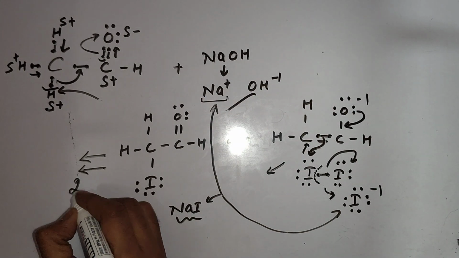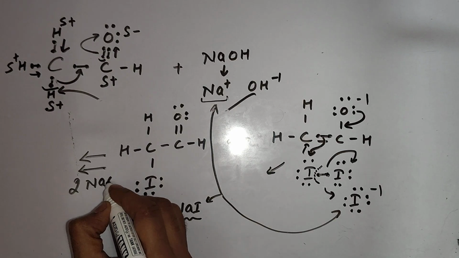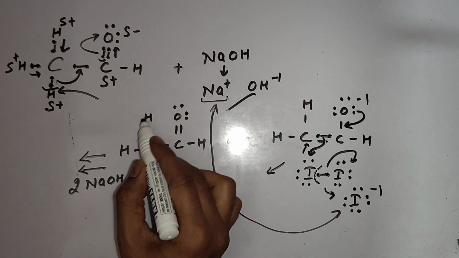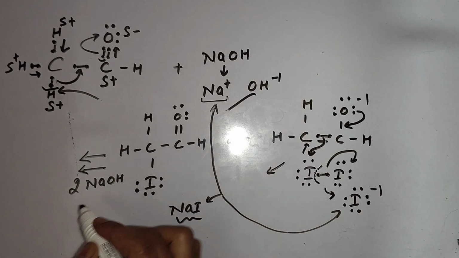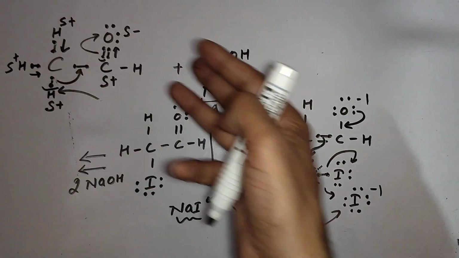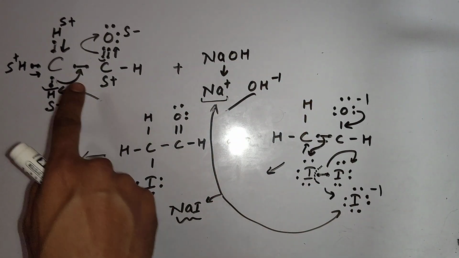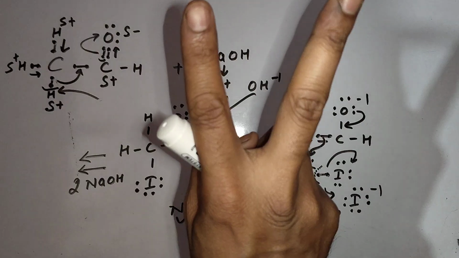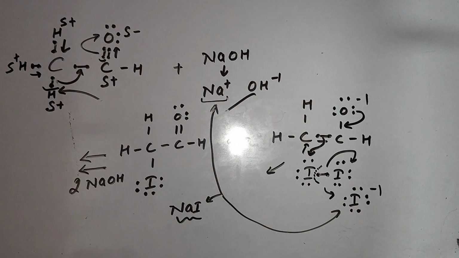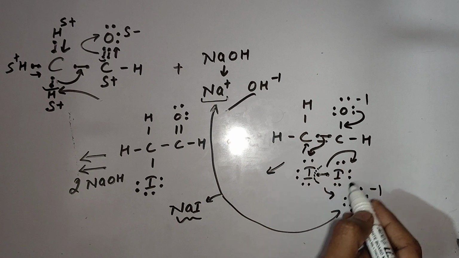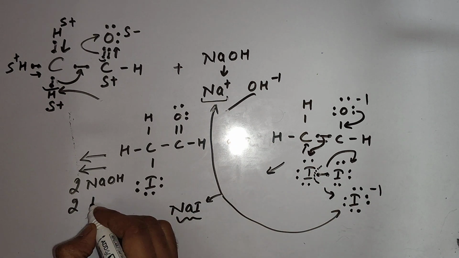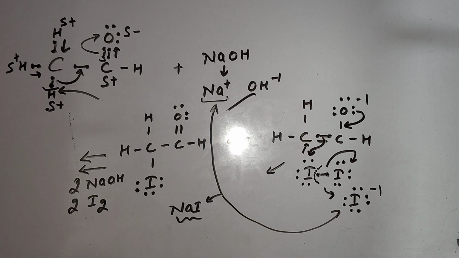Here we will use 2 more NaOH particles for the 2 hydrogens. I am not writing the same again. Directly I am telling you the same step has to be repeated 2 more times, because 2 more acidic hydrogens are left. 2 NaOH will be utilized. 2 more iodine particles will be utilized.